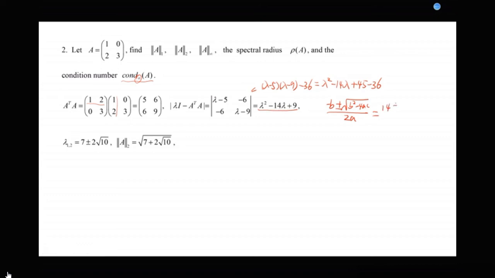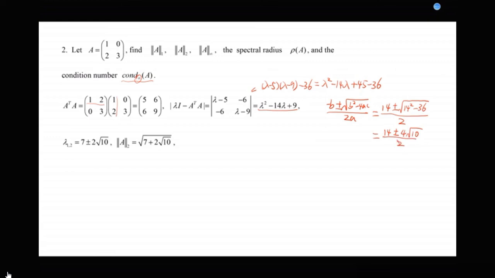So 14 plus or minus the square root of 14 squared minus 4 multiply 1 multiply 9, this is 36, over 2, right? Then you can obtain 14 plus and minus this number, which is 4 multiply square root of 10, divided by 2.